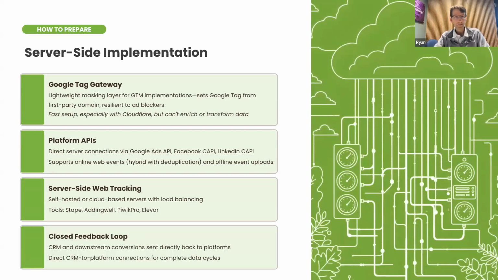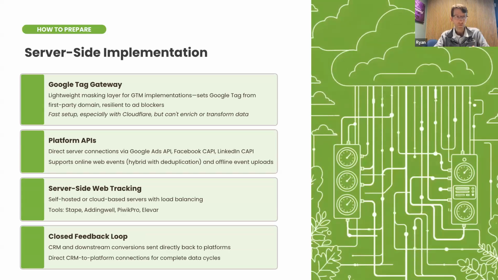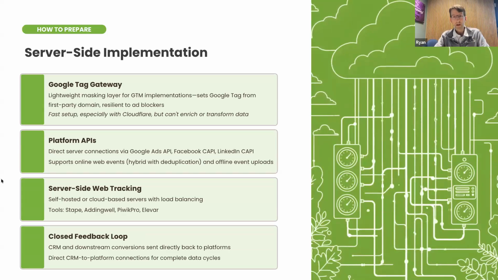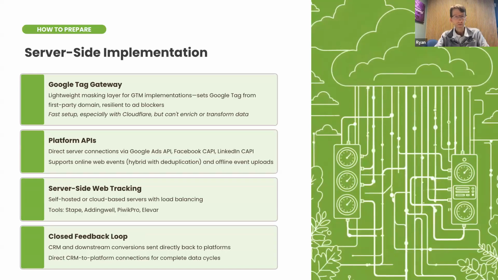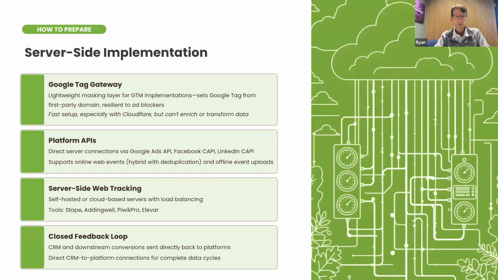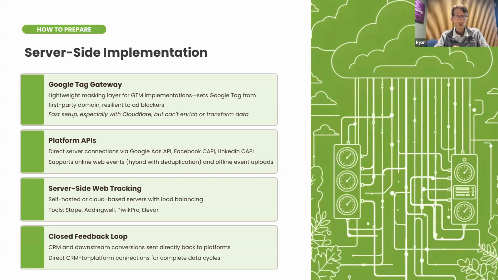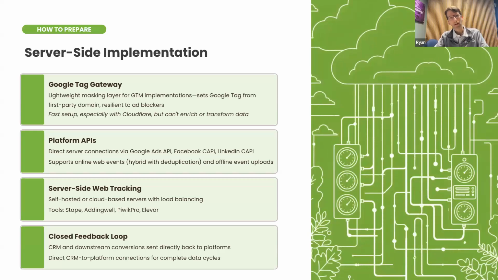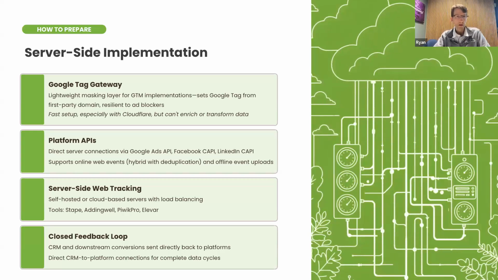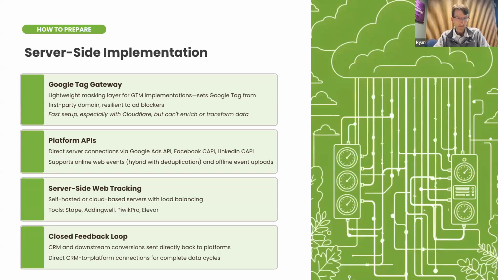And the last part that marketing directors should really deeply care about, something a little more strategic, is the closed feedback loop. So what's possible through these server-side technologies is uploading offline events.